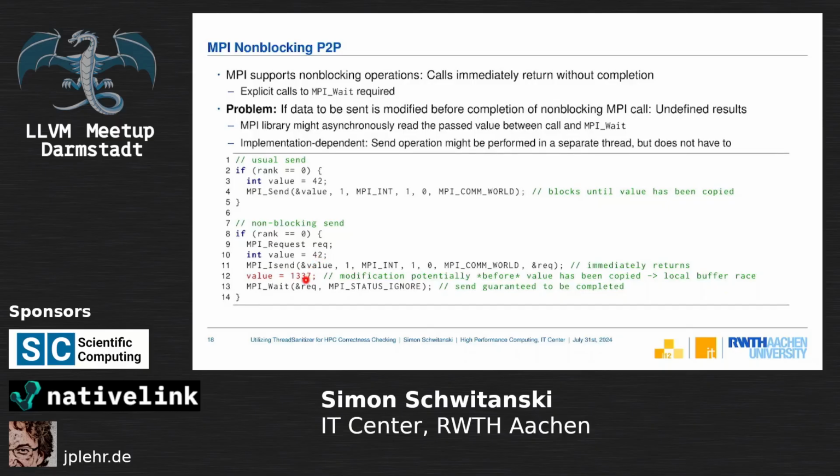In the end, you have something like a data race, because the MPI library might run in a thread or asynchronously copy something. And this is something that you might want to detect, because that's also a typical problem or misunderstanding, that you maybe don't understand that this value has not been copied to a safe place when you return from MPI send, but only after the MPI_Wait returns.